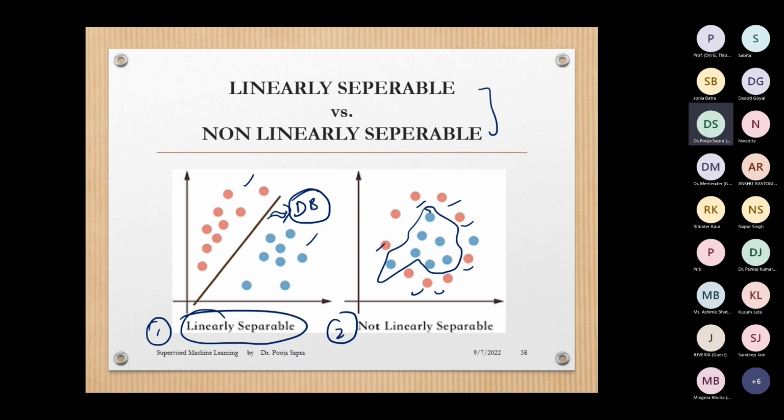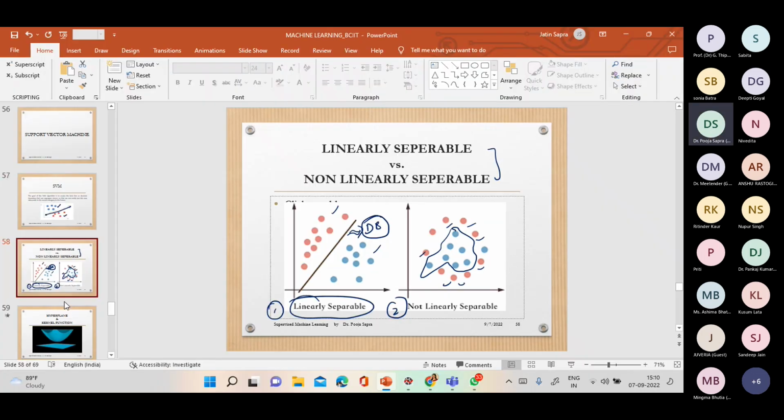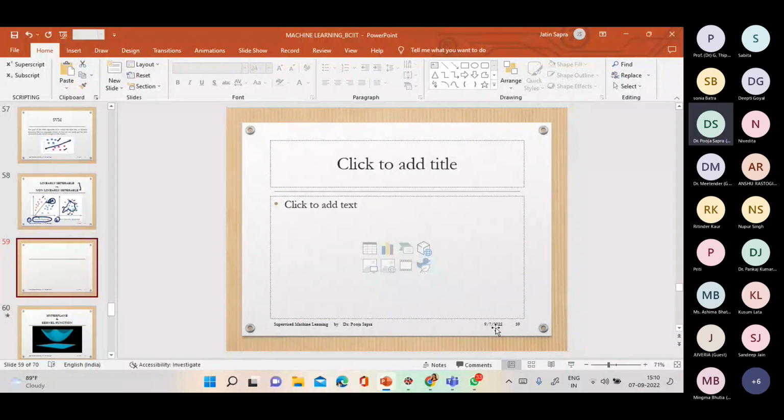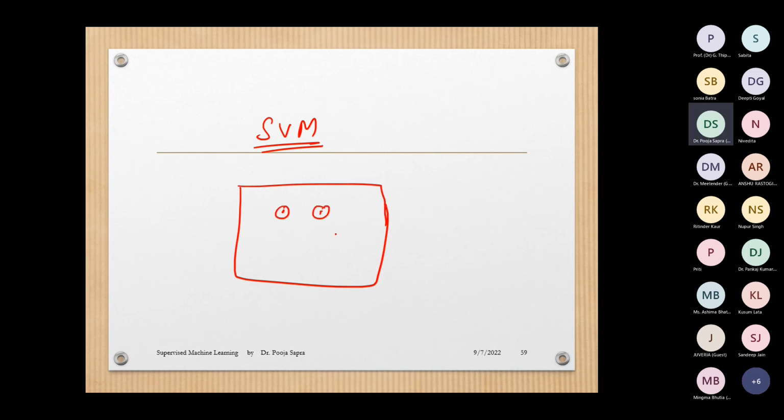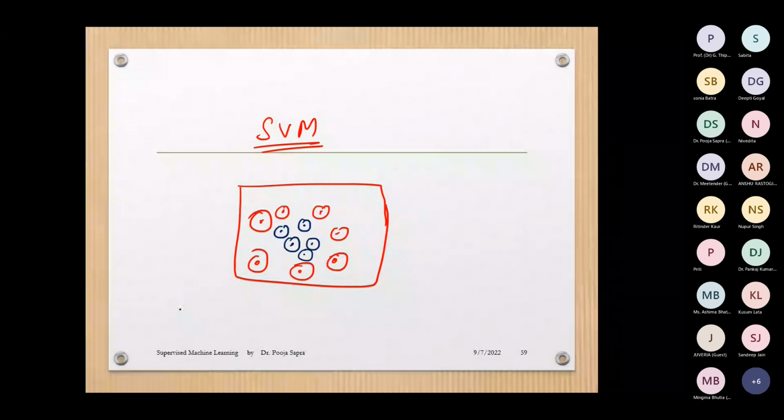SVM. Now, in case of SVM, actually what happens, let me put another slide to explain the concept. So in case of SVM, let us assume this is the plane. Here we have all the points which are from category A, and I have another set of points which are of category B. Now just visualize it.